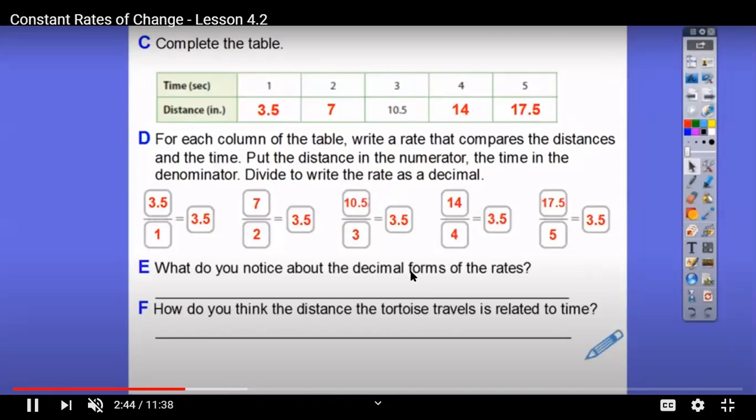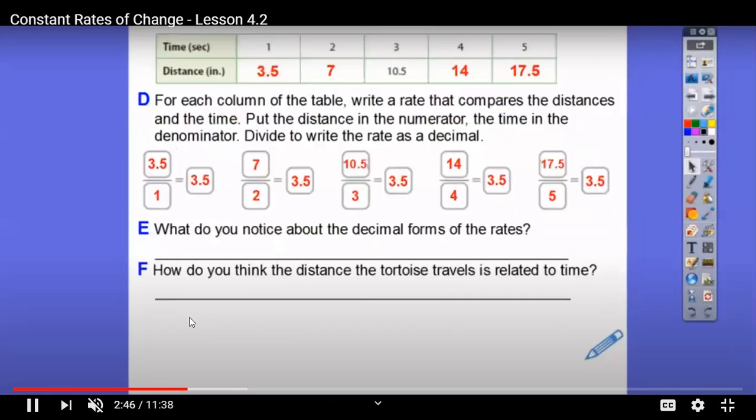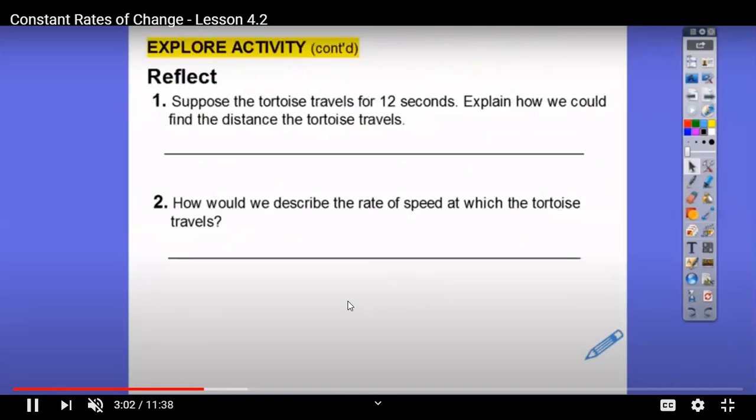What do you note about the decimal form of the rates? The decimal form of the rates, the first one 3.5, 3.5, then they are equal. How do you think the distance the tortoise travels is related to the time? The relationship is constant. Suppose the tortoise traveled for 12 seconds.